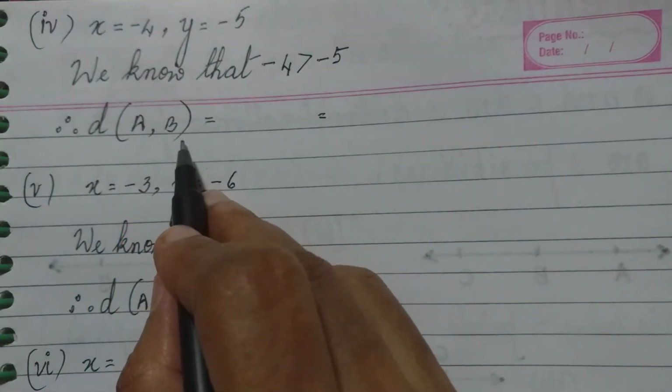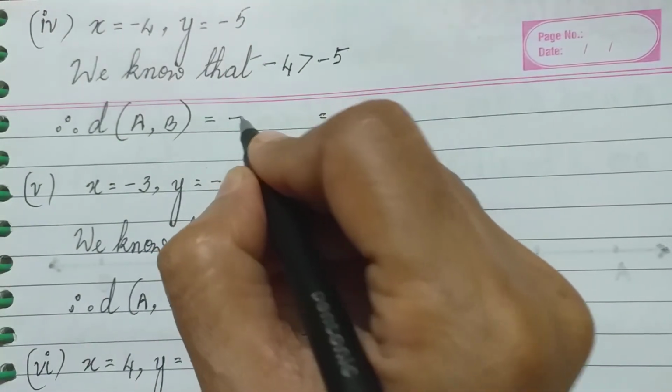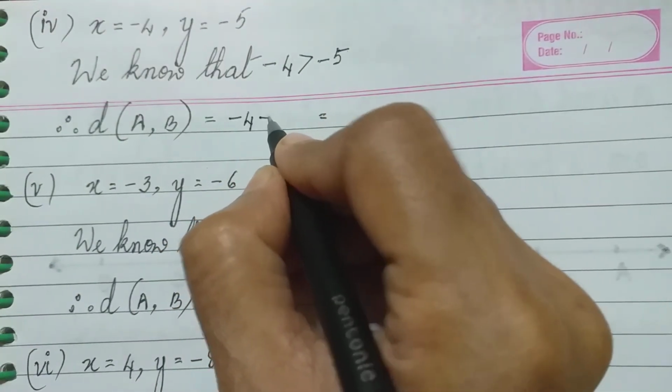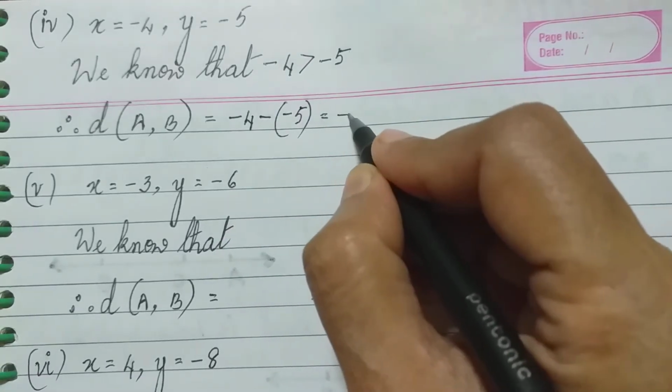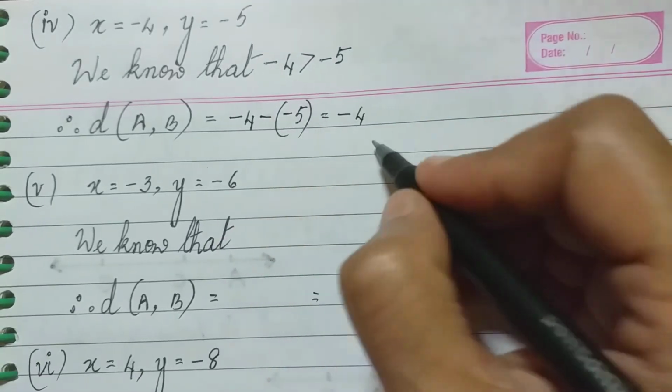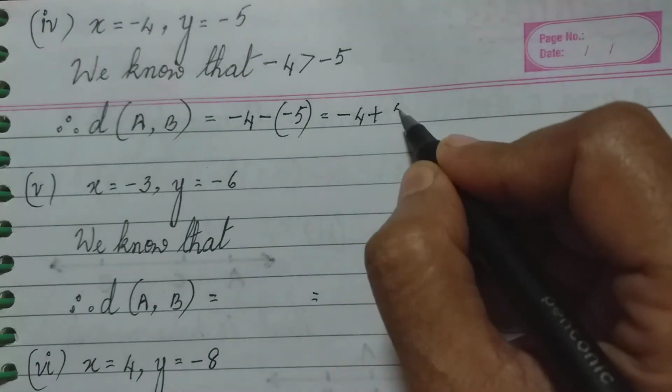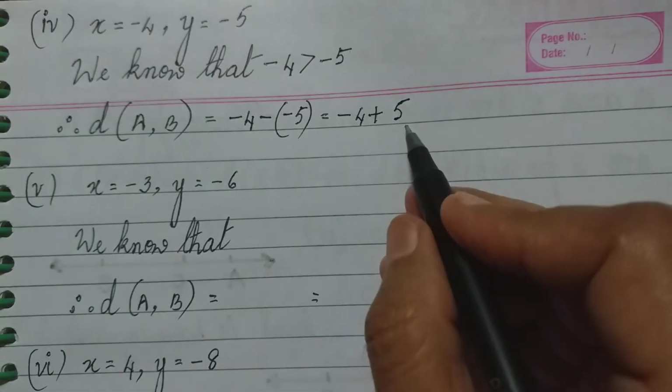Therefore, the distance between the points A and B will be minus 4 minus of minus 5, is equal to minus 4, minus into minus is plus 5. So, minus 4 plus 5.